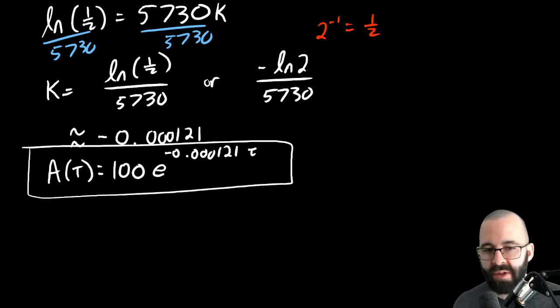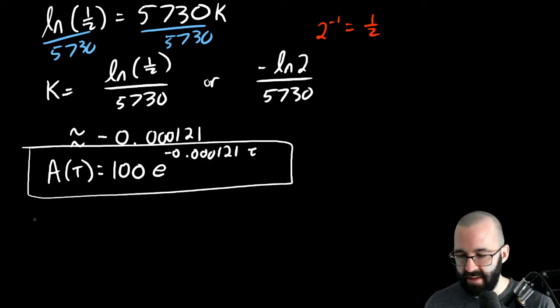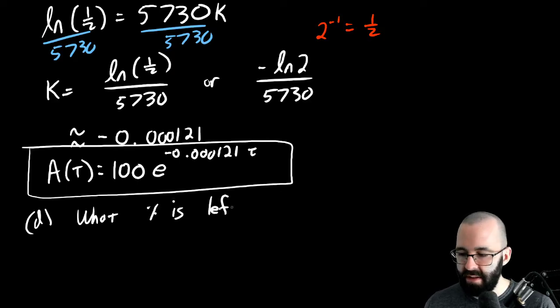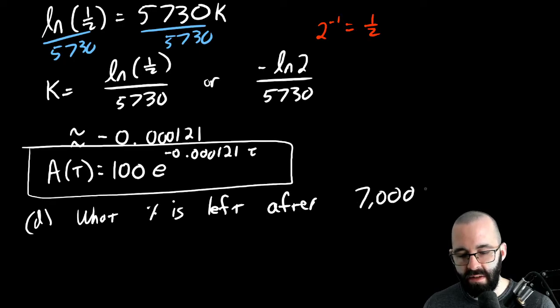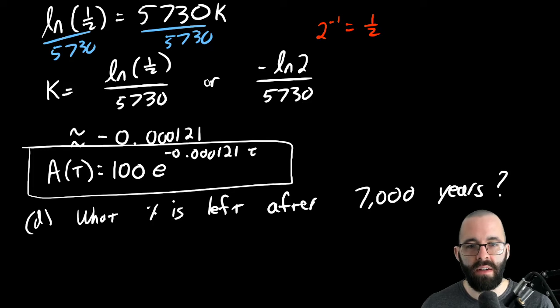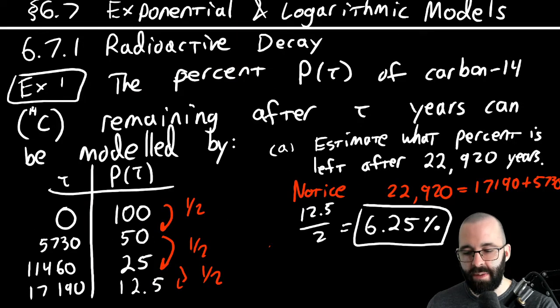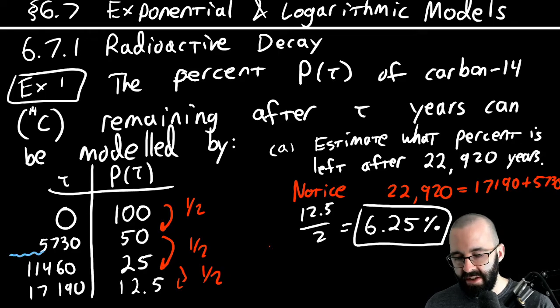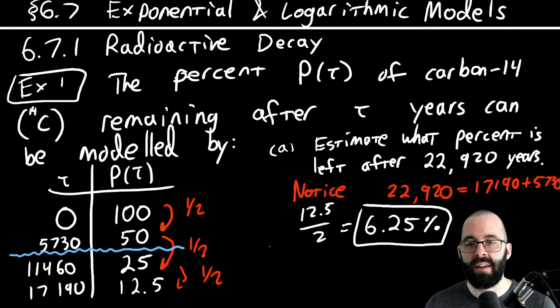All right, we can use some more stuff with this. In part D, what percent is left after 7,000 years? And we should have an expectation here. We can look at the data and have an expectation. How much is left after 7,000 years? Well, 7,000 years is somewhere in here.